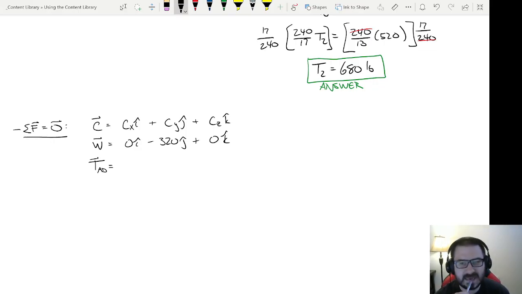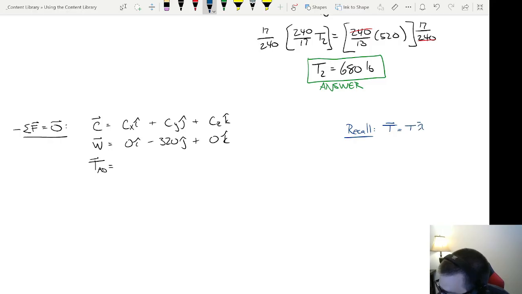Now, what was TAD? Let's recall how we get these tension vectors. We take the tension times the unit vector. Now we know what those tensions are.